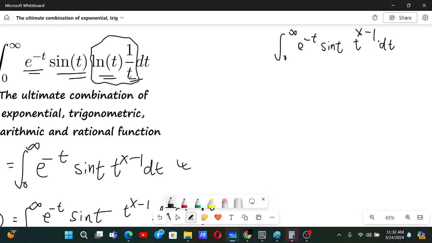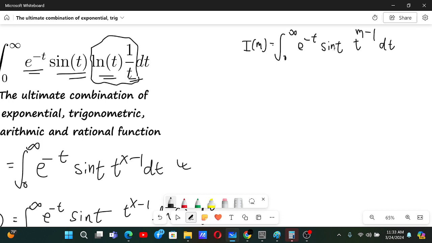And now, how do we? Okay, so let's write this variable as m, because m sounds nicer as a constant than x. Okay, I of m.